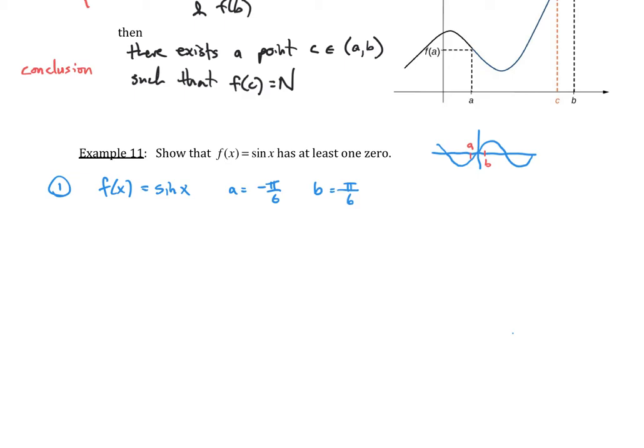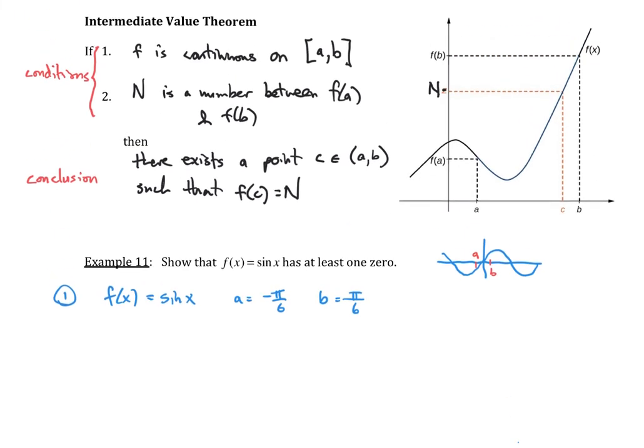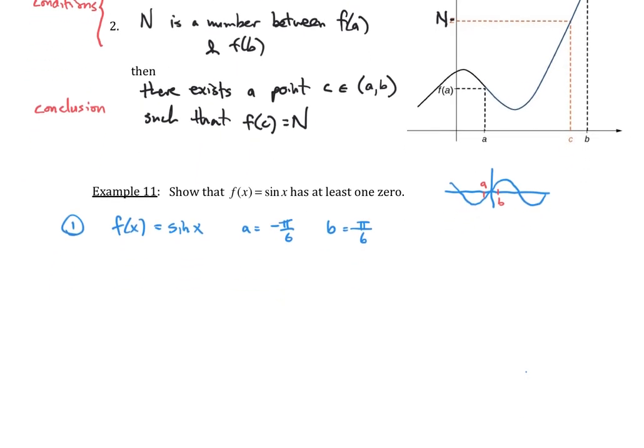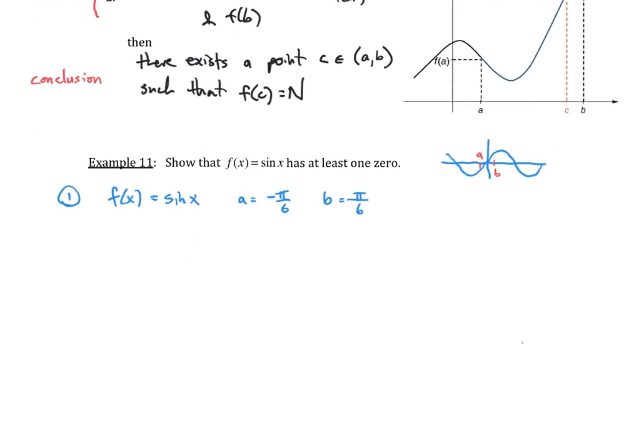And what the first condition says, just as a quick reminder, the first condition says f is continuous. So what we're really doing is we're really running a proof, right? We're showing that f of x equal to sine x has at least one zero. So for the first part of my proof, I'm going to need to state that f of x is continuous.